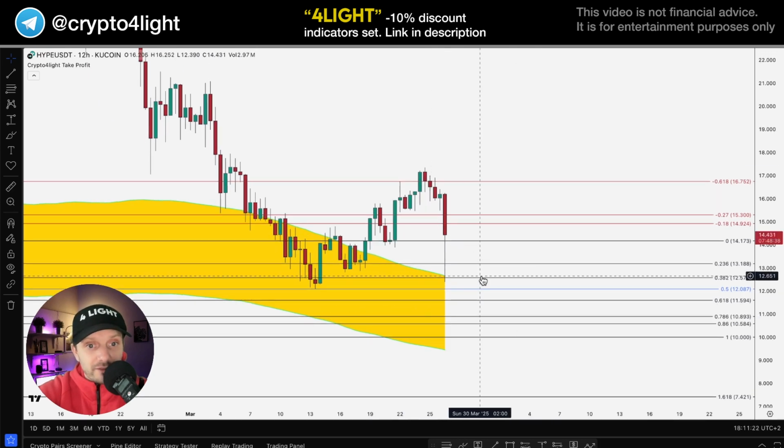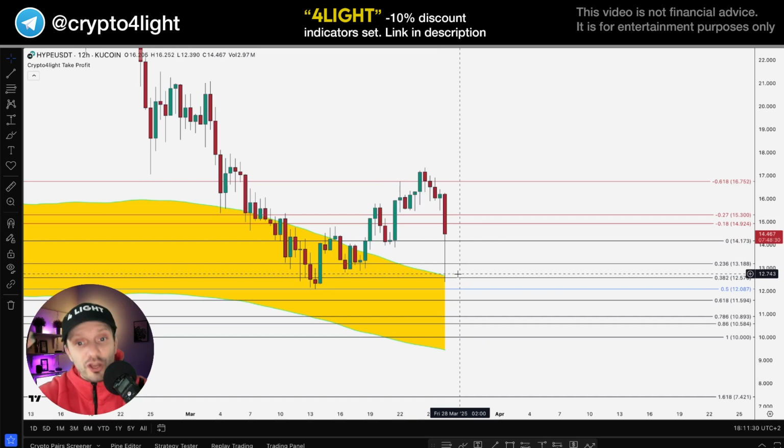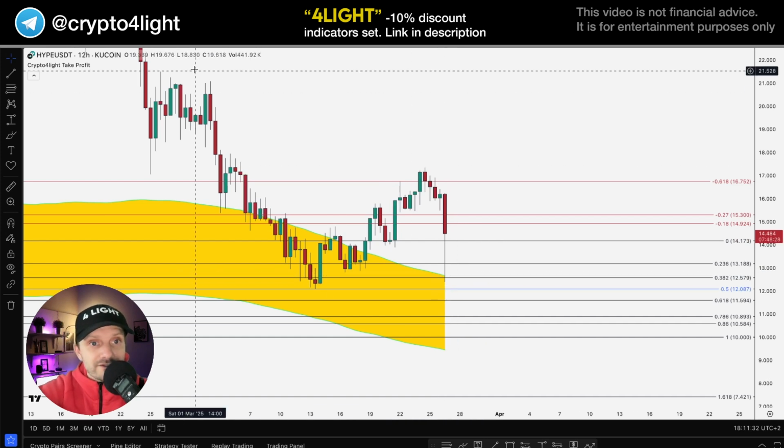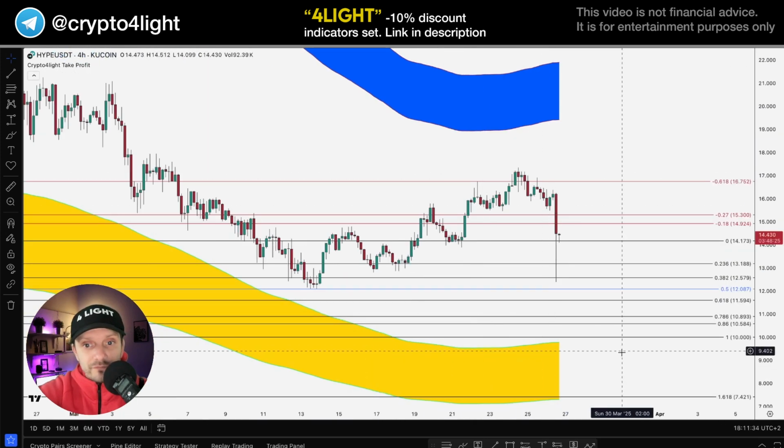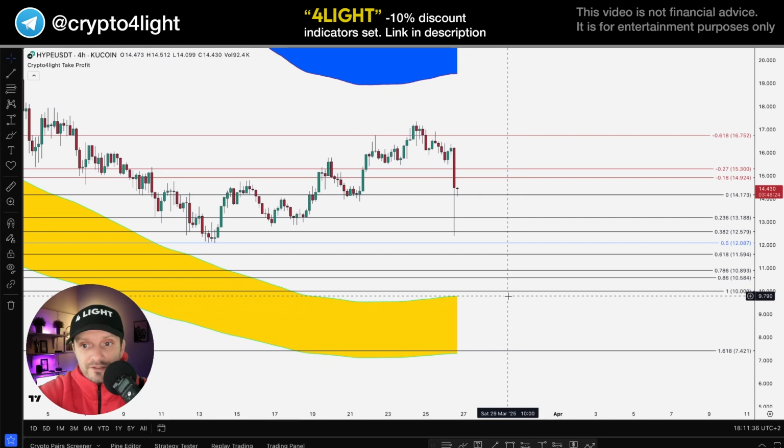We tested a buy line, so congrats if you traded even today. You could get like a 14% bounce from the buy line. It was a logical entry, right? Once again, 4 hour time frame, buy line now is 9.79, but I'm not sure we're going so low.